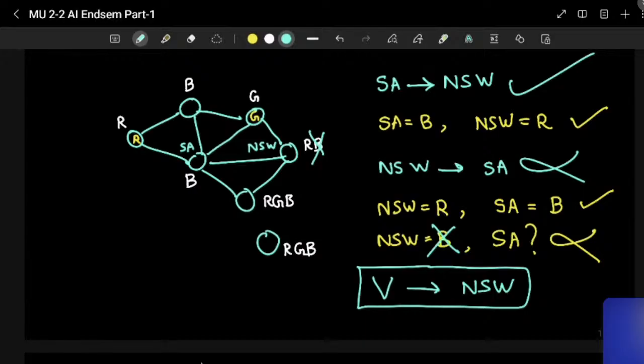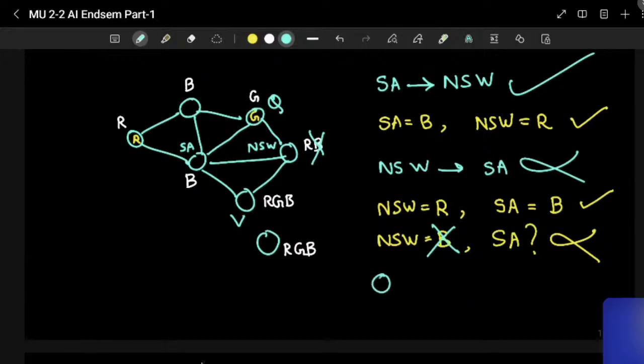If you look at the neighbors of NSW, let me call it Z, this is variable Q, this is variable V. You have Q, SA and V. So you'll have to recheck the arcs Q, NSW, SA, NSW and V, NSW.